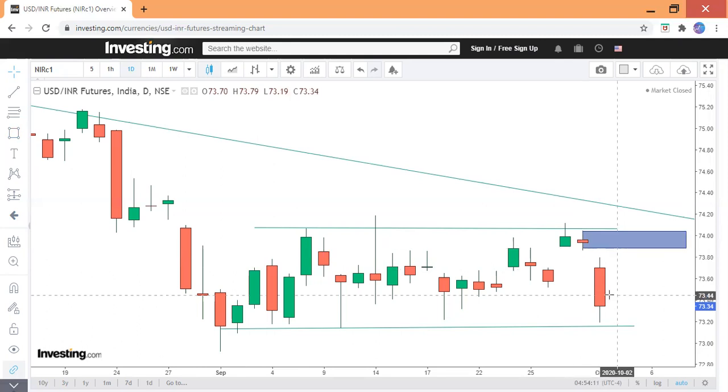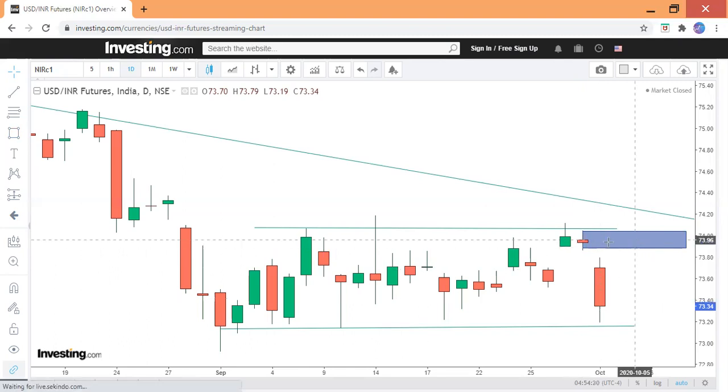That means if USD INR comes again into the range of this candle, it will definitely get resistance here, and the positions made on this candle, which we assume to be short buildup, will again push USD INR to the downside.